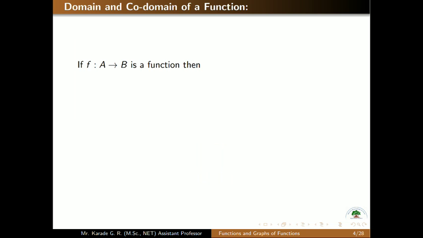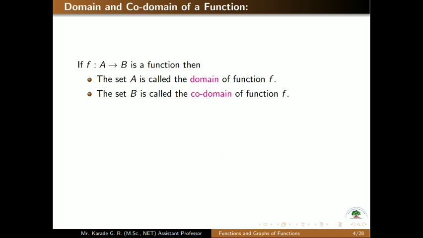Domain and codomain of a function. If f from A to B is a function, then the set A is called the domain of function f and the set B is called the codomain of function f.